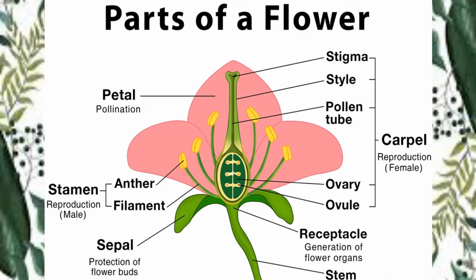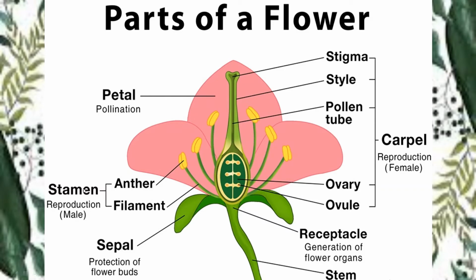The androecium is the male reproductive organ, and the unit of androecium is called stamen. And then gynoecium, that is the female reproductive organ, and the unit of gynoecium is called carpel. So clear? These are the reproductive parts.